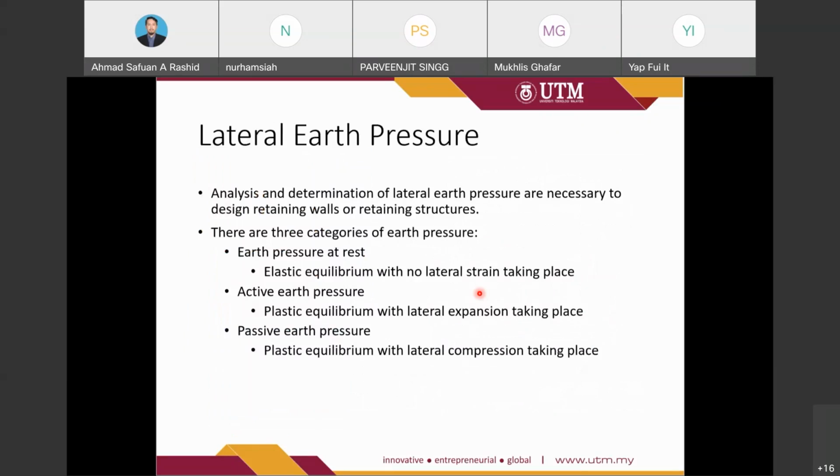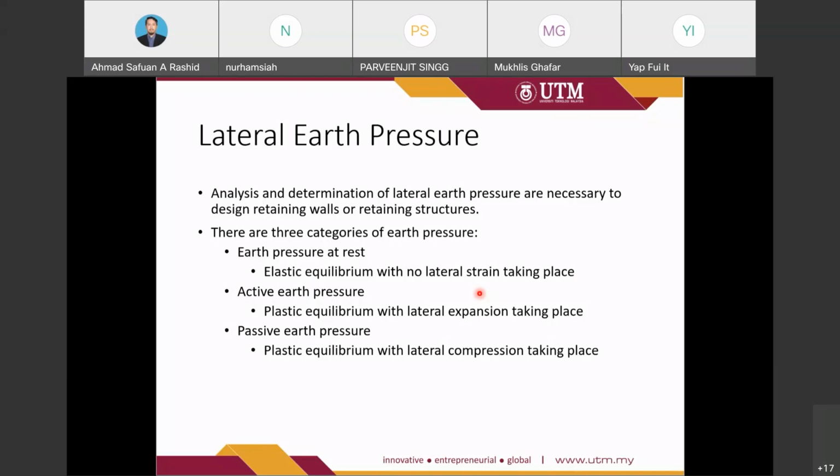As we know, there are three categories of earth pressure. The first one is earth pressure at rest, where no movement happens, which means the condition is stable, called an elastic equilibrium with no lateral strain taking place.